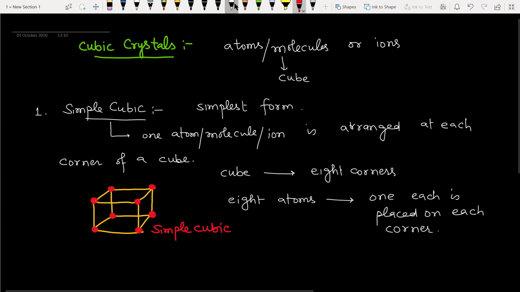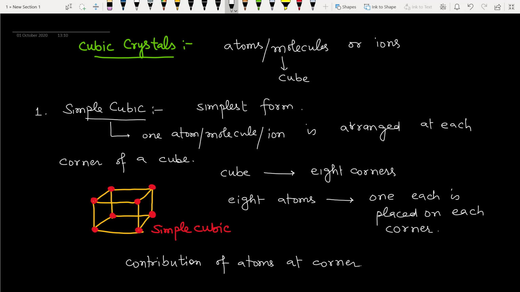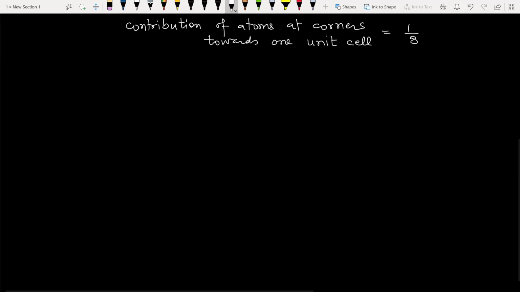One more thing: as each corner atom is shared among 8 cubes, the contribution of an atom at a corner towards one unit cell will be 1/8, because each atom at the corner is shared by 8 cubes.